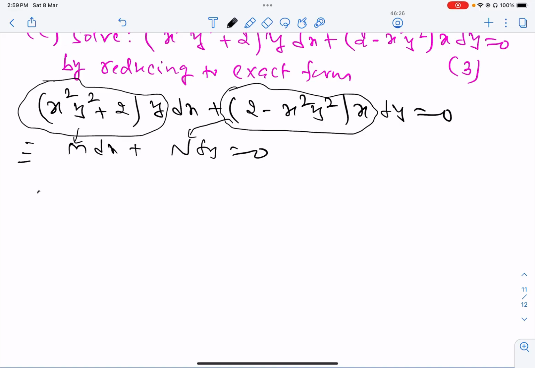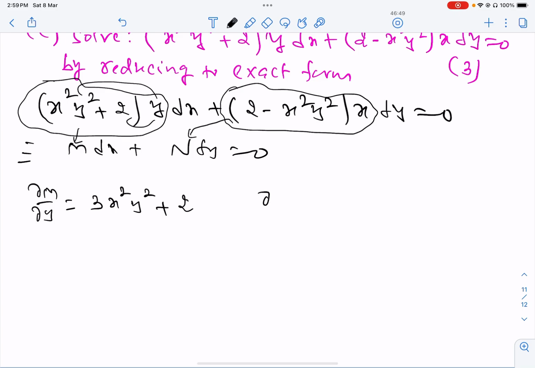Okay, so if I find del m by del y, you need to take care, y is inside, y multiplied here. So derivative with respect to y will be 3 times x square y square plus, this is 2y, so 2.